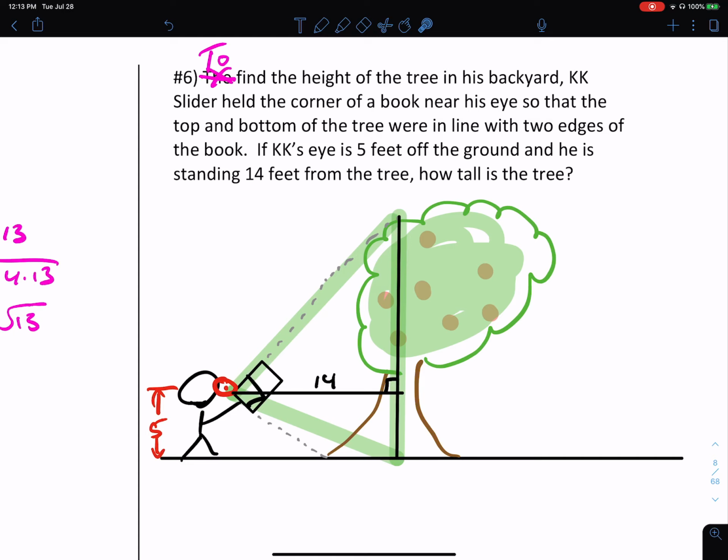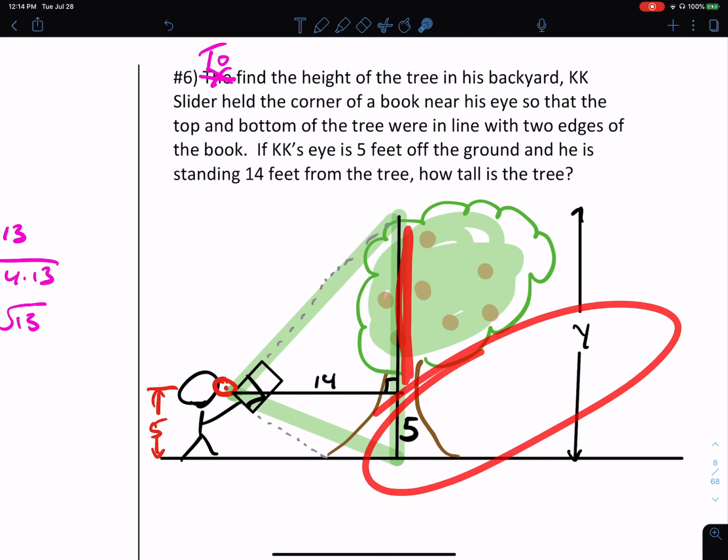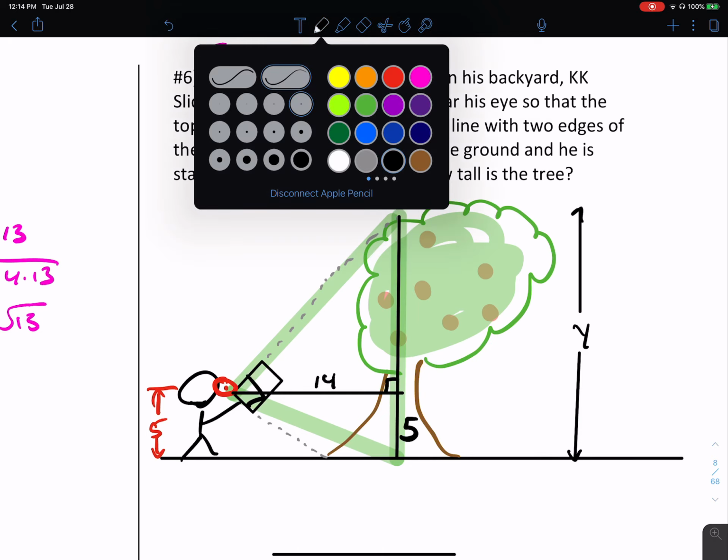How tall is the tree? Well, let's call the height of the tree y. We know the distance from here to here is 5 because that's how high his eye is above the ground, which makes this distance here the difference between y and 5, which I like to call y minus 5.